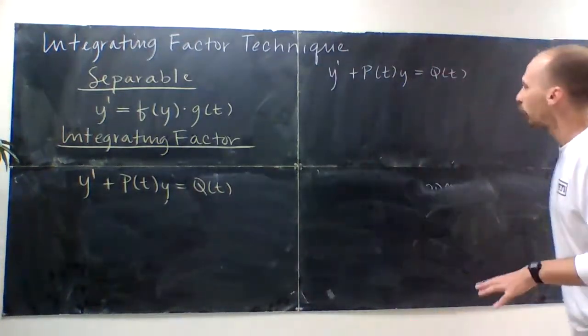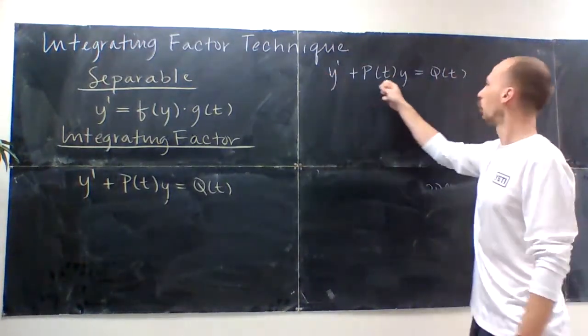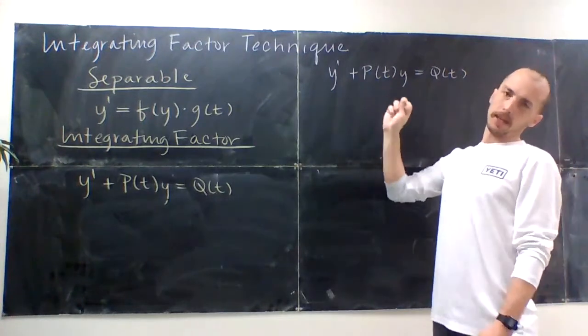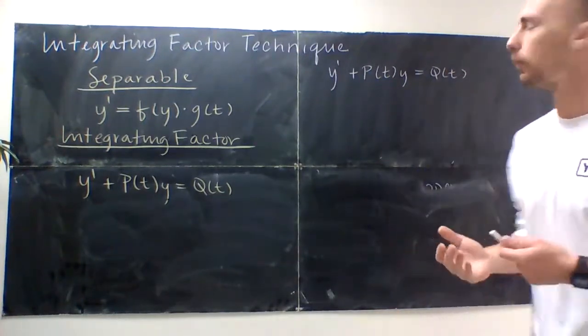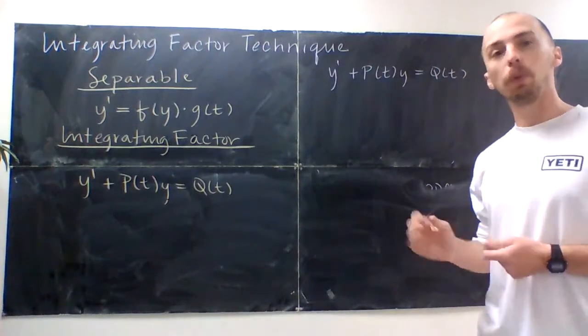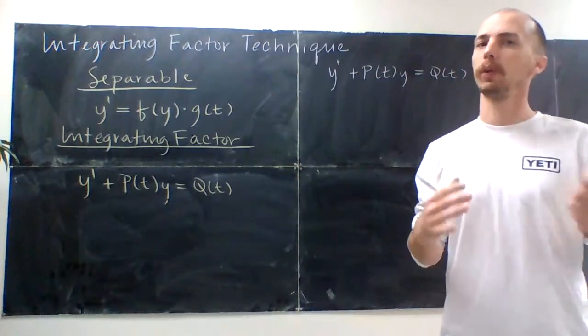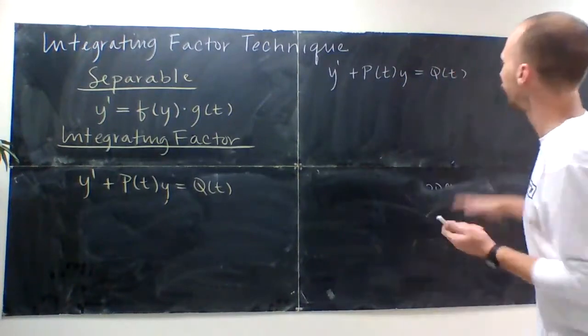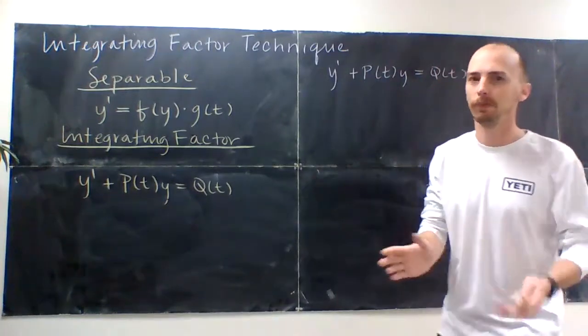What we're looking at is a derivative of y here and a regular y there. There's another place where we'll see a derivative plus the original, and that's when we take the derivative of something using the product rule. But this does not look like the derivative of anything after product rule.